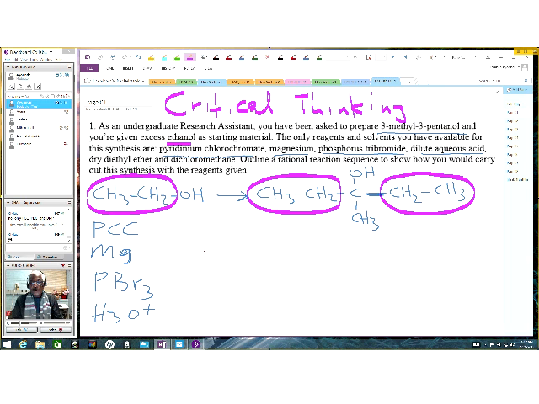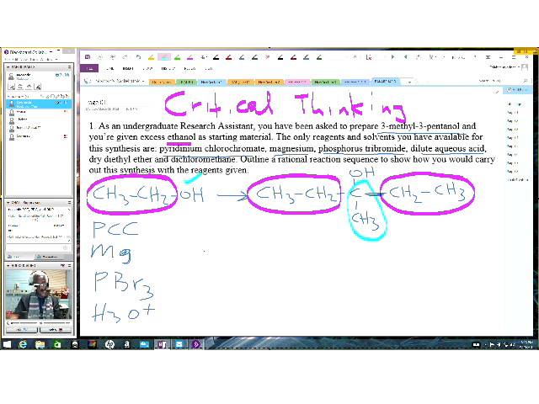But critical thinking, given the fact that you already know your reagents. Without knowing your reagents, you really cannot think critically. That is why it is important to know those reagents. I will also make another assumption that these 2 carbons here must also come from the ethyl alcohol, because what they've told us is that the only source of carbon atoms in this synthesis is the ethanol, which is this here.